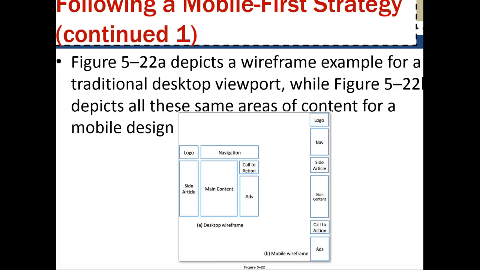In this picture, you can see a wireframe example for a traditional desktop viewport, noting the multiple column layout and different areas of the content. If you were to use all the same areas of content for mobile design, the wireframe would look something like this.